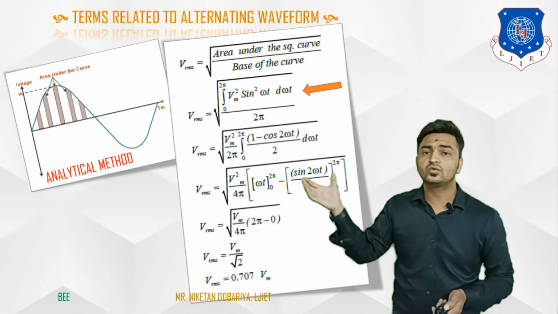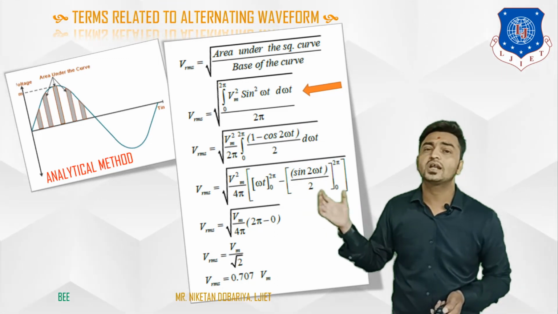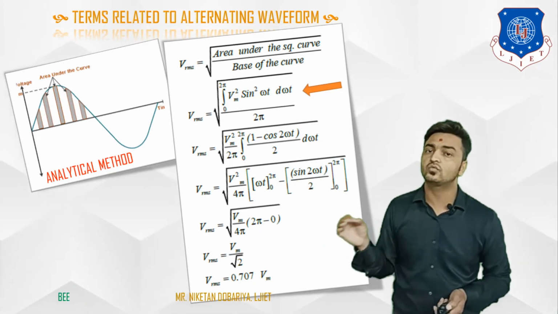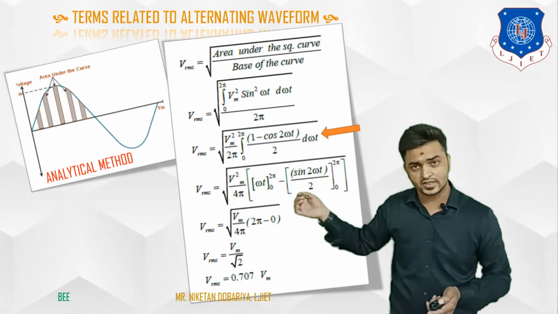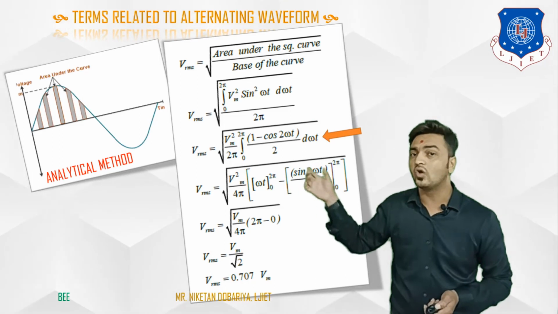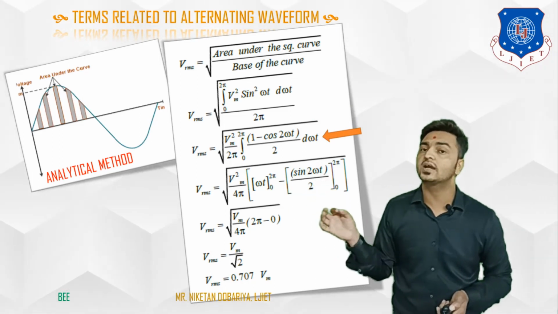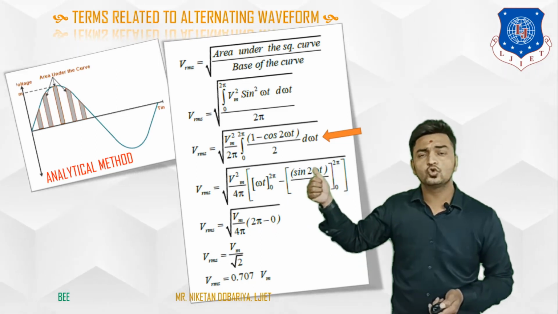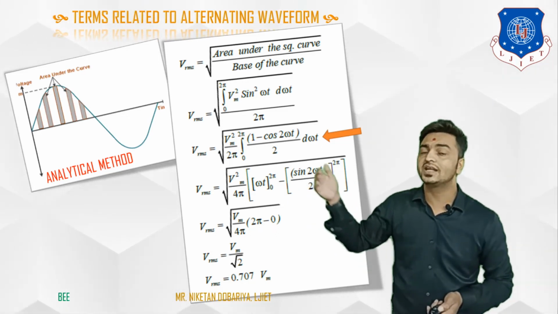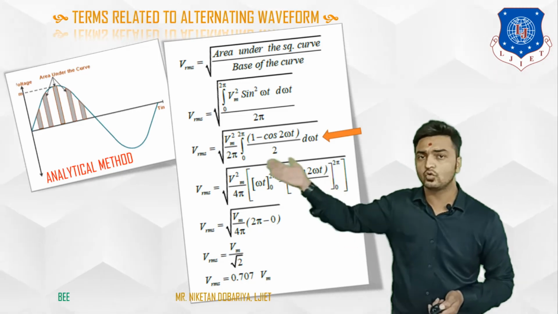And if we find out the integration, but before that, we cannot find the integration of sin square omega t directly. That's why instead of sin square omega t, we replace it with the term (1 minus cos 2 omega t) divided by 2. Here we have a constant 2 in this integration, Vm divided by 2, so that is separated over here.